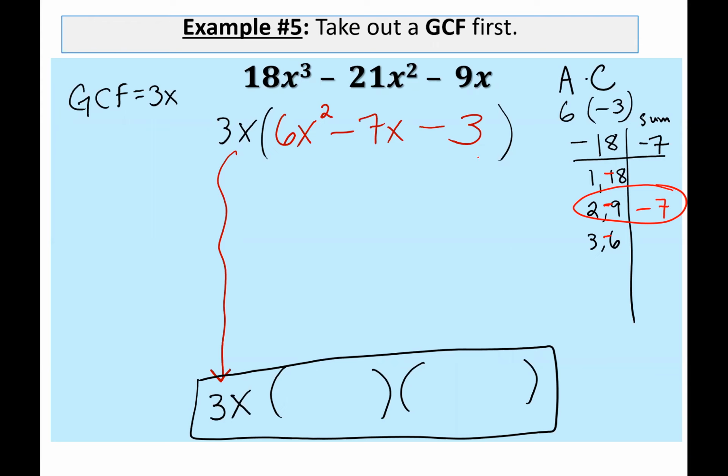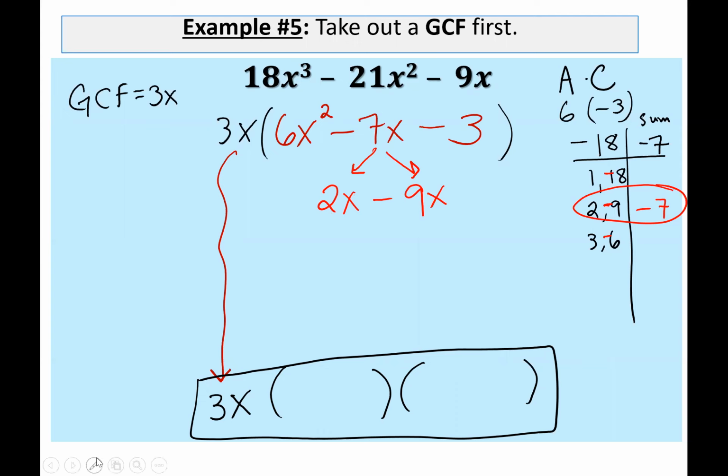Now I get to split up my middle term. So now that I found those numbers, 2 and negative 9, I'm going to write 2x and then minus 9x. So I've taken that minus 7x and I've split it up into 2x minus 9x. 2 minus 9 is negative 7, so that is equal. Those are equivalent right there.